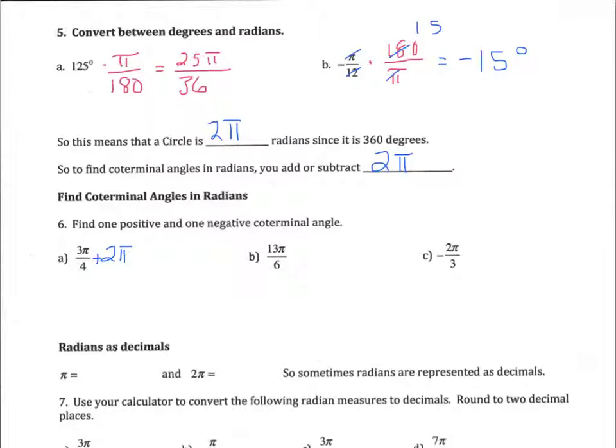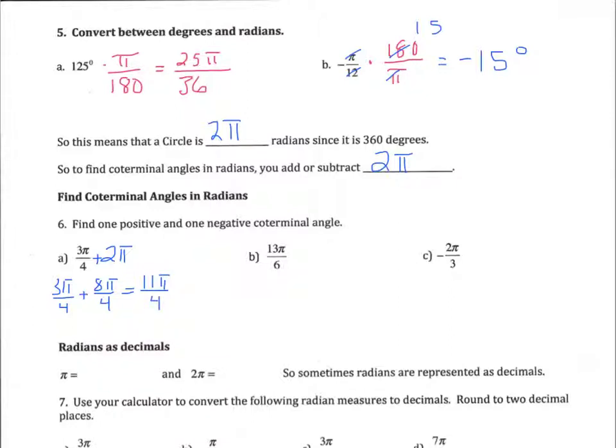The only thing with these is that we're dealing with fractions, so we just need to get some common denominators. So we will have a positive coterminal angle at 11 pi over 4.